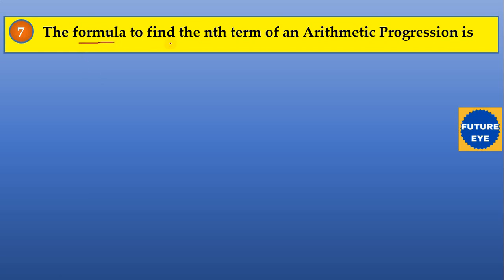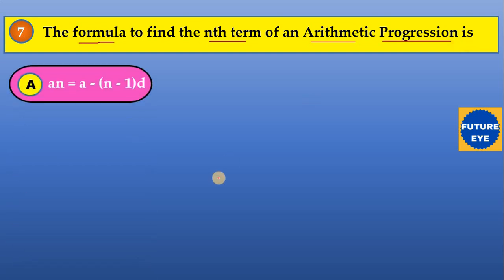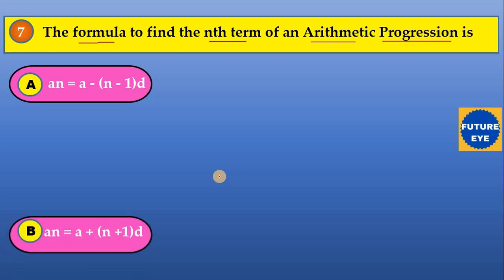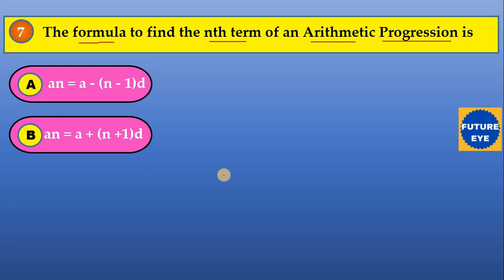The formula to find the nth term of an arithmetic progression is: option A, an is equals to a minus n minus 1 into d. Option B, an is equals to a plus n plus 1 into d.